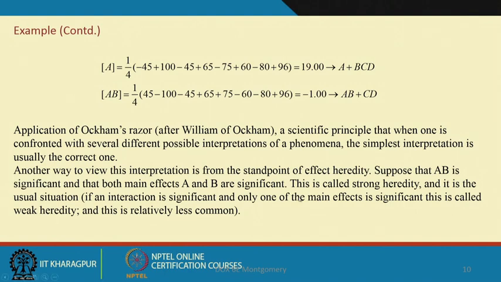Then it will be weak heredity. This is basically less common. So, these two principles help us to focus on the effect when it is estimated using this alias structure.